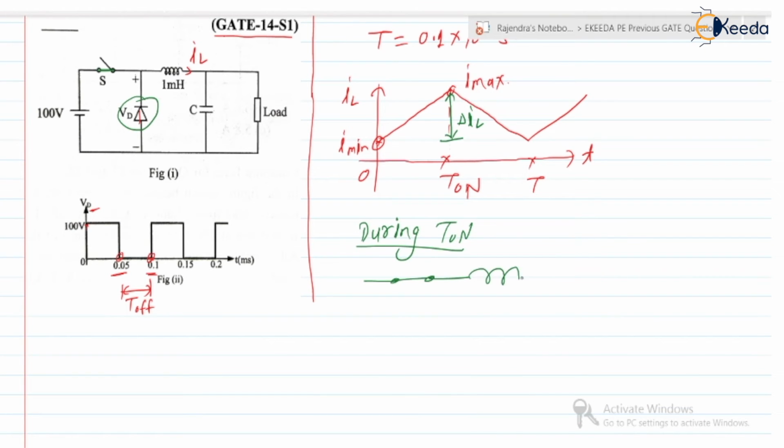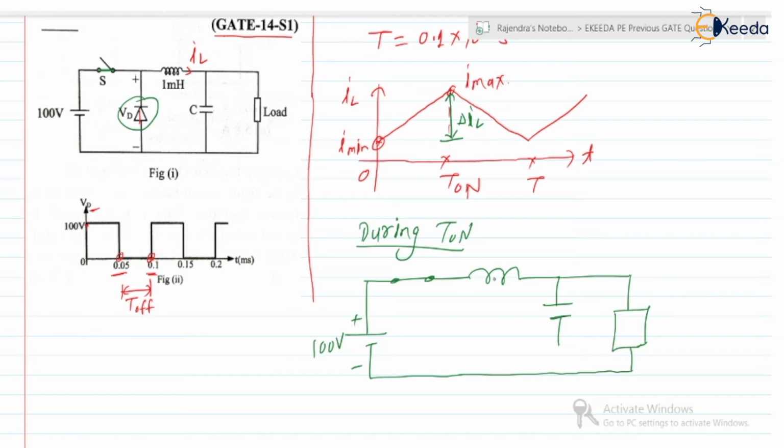Next the inductor, the capacitor, then we have the load. The source voltage is 100 volt. The inductor is 1 millihenry. We have the capacitor, and this is the load. The voltage across the load is V0.